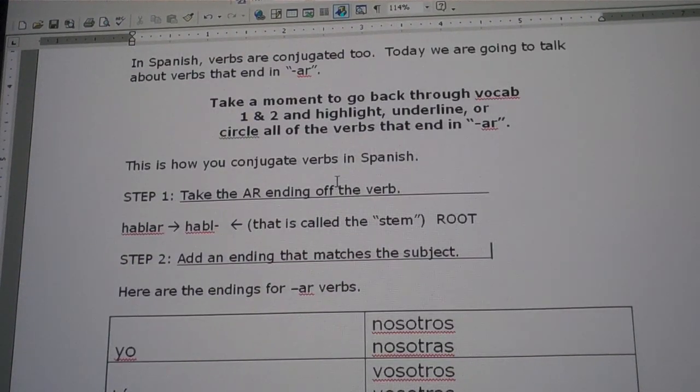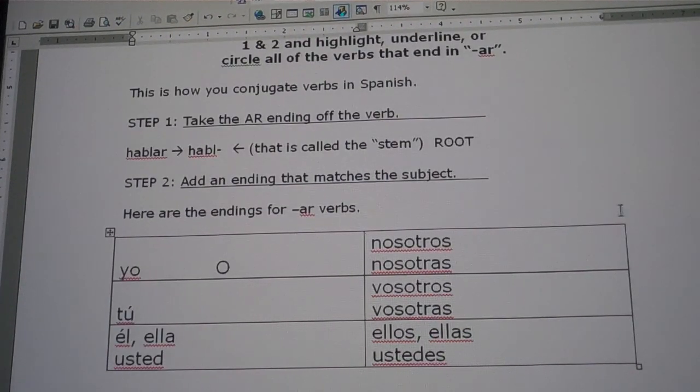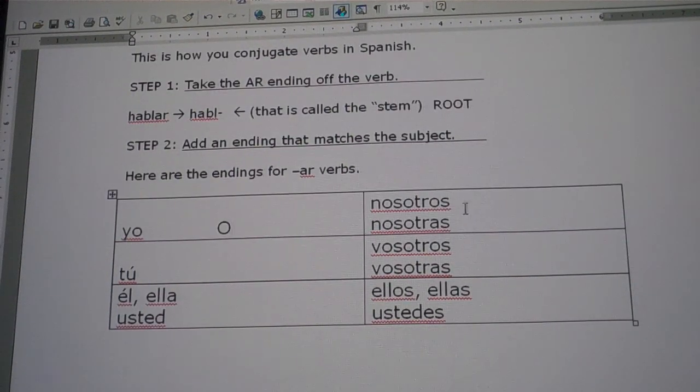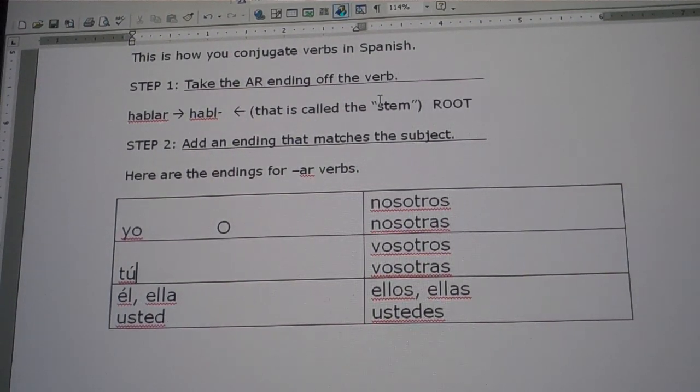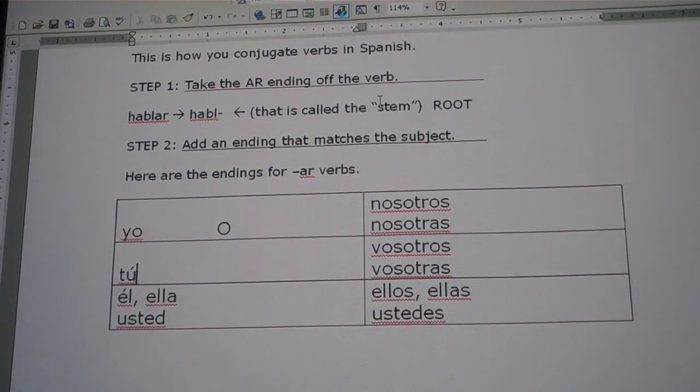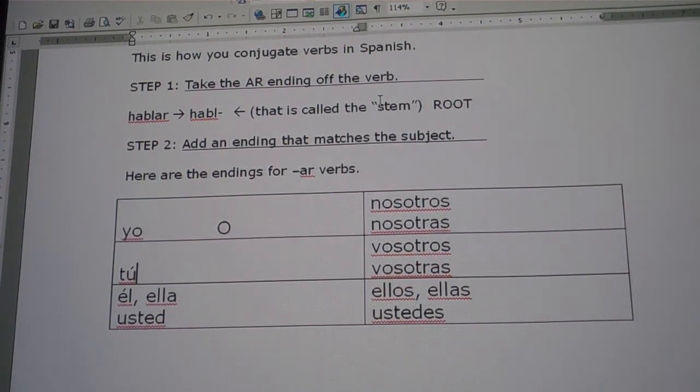Down here in this box, it says, here are the endings for AR verbs. The one that you guys already learned yesterday is O. So you can go ahead and add that one in there. You guys already learned that whenever you have the subject yo, like I speak, I listen, I kiss, I love, I hate, whatever it may be, you took off the AR and you added O on the end of it.